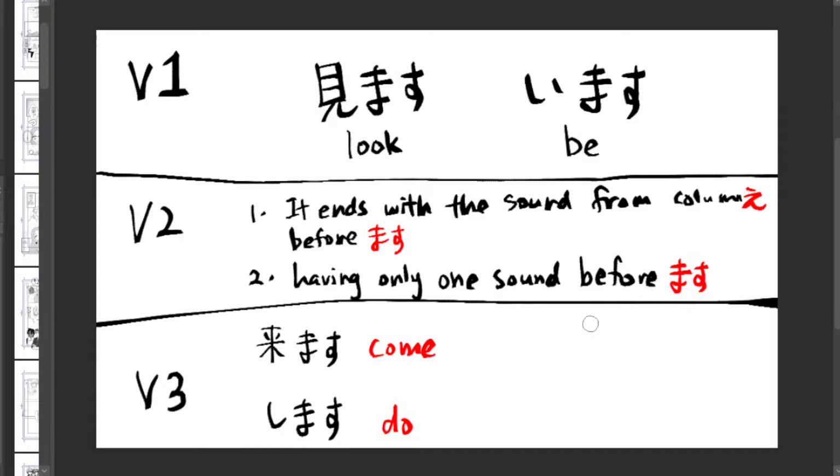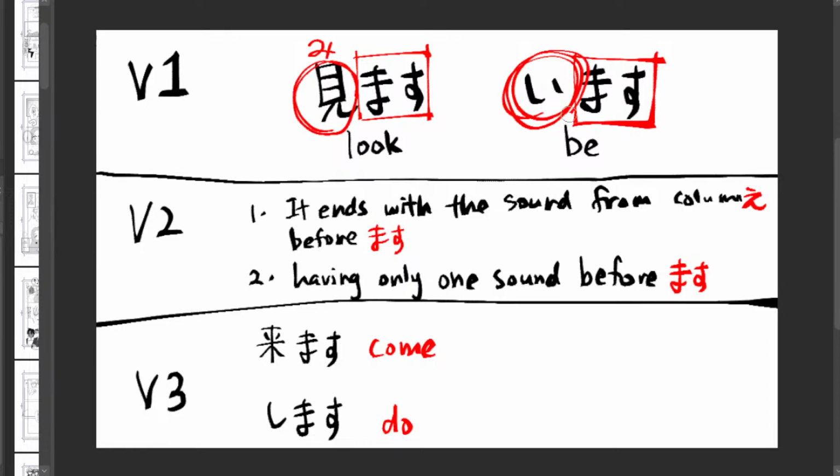So mimasu means to look and imasu means to be. There's only one sound before masu, so imasu, mimasu, and everything that has only one sound before masu belongs to the V2 group.